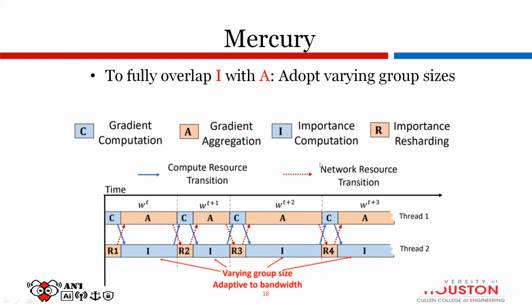But for Tic-Tac, they overlap computing with communication. This paper doesn't. The only benefit I can think of is that because you do the important sampling, you speed up the convergence. So overall, you can beat Tic-Tac. But the benefit is not coming from being adaptive to the bandwidth.